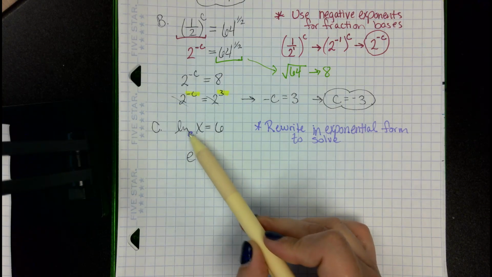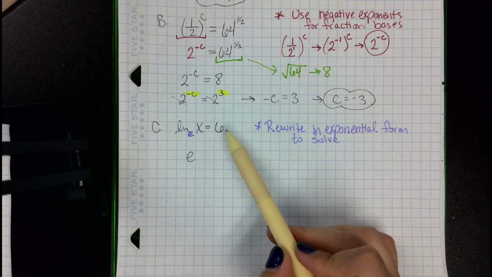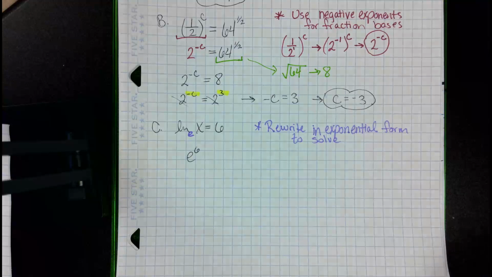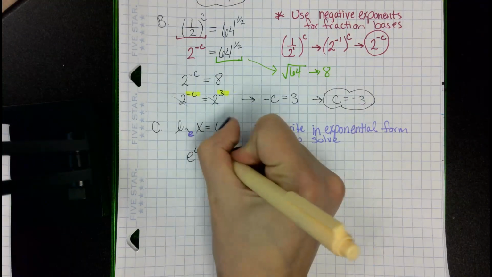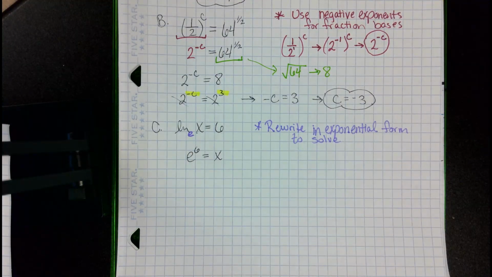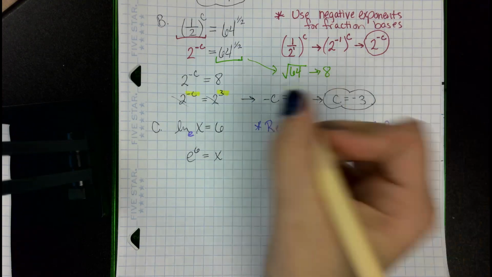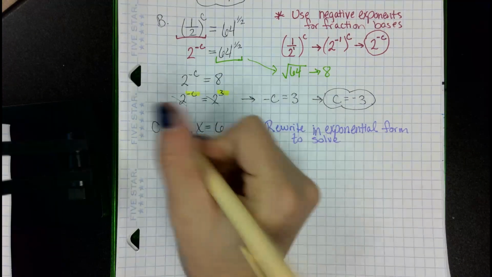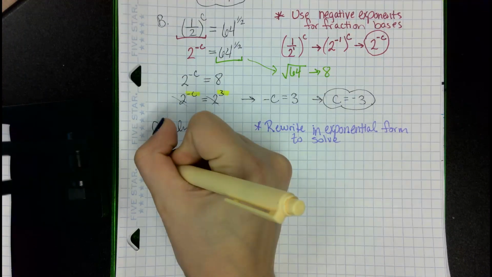So for log, x is with e. So for exponential, the 6 is going to be with the e. So it's 6's turn to be with e, and the x goes by itself. So e to the 6 equals x. And that is the exact answer. You don't have to do anything else. x is by itself. This is the exact answer.